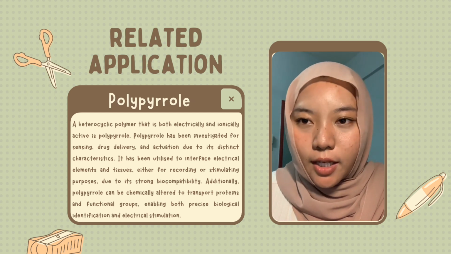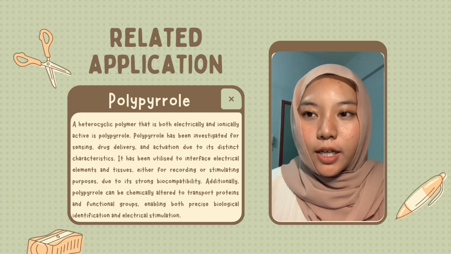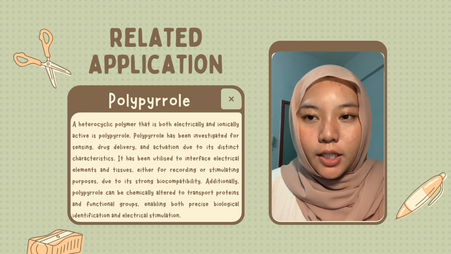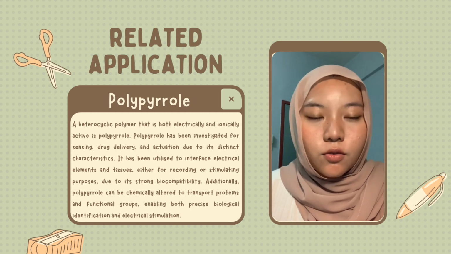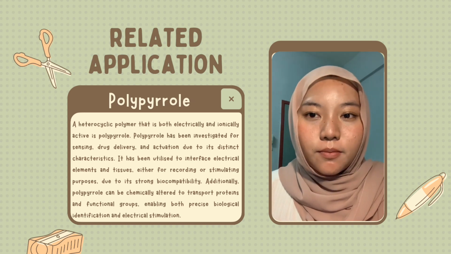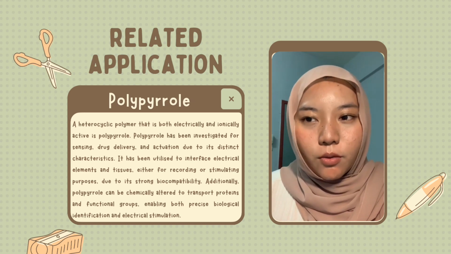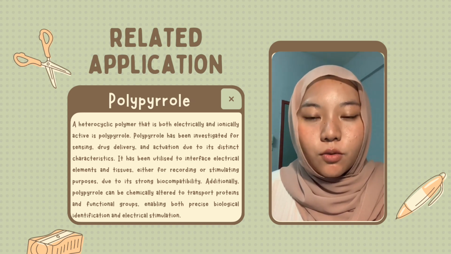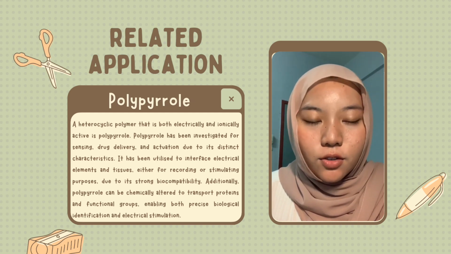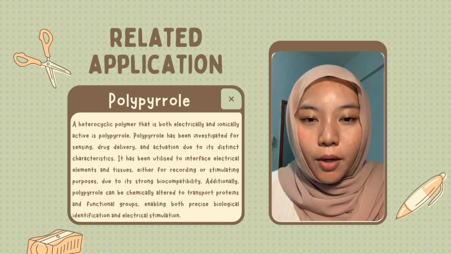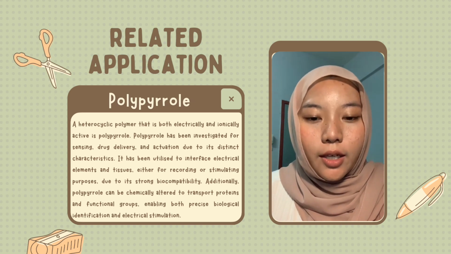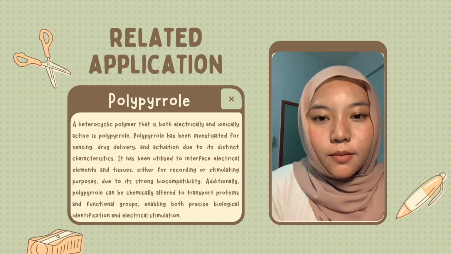It has been utilized to interface the electrical elements and tissues, either for recording or stimulating purposes, due to its strong biocompatibility. Additionally, polypyrrole can be chemically altered to transport proteins and functional groups, so it can enable both precise biological identification and electrical stimulation.